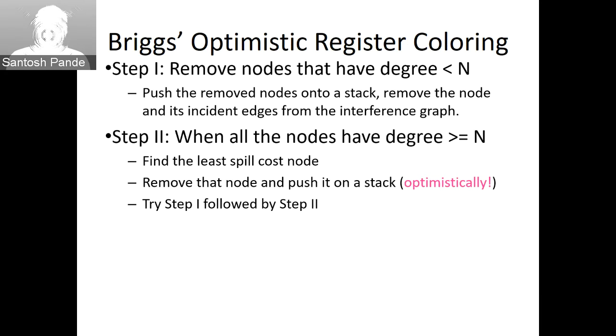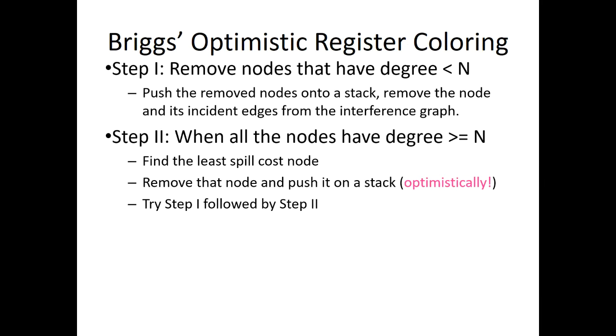On top of them will be all these nodes which are degree greater than or equal to n, but which have least spill cost first, then the higher spill cost, and so on. So the stack will get organized from guarantee of coloring nodes, degree less than n, at the bottom. On top of them will be nodes with lesser spill cost, and the spill cost will keep rising as we go towards the top of the stack.